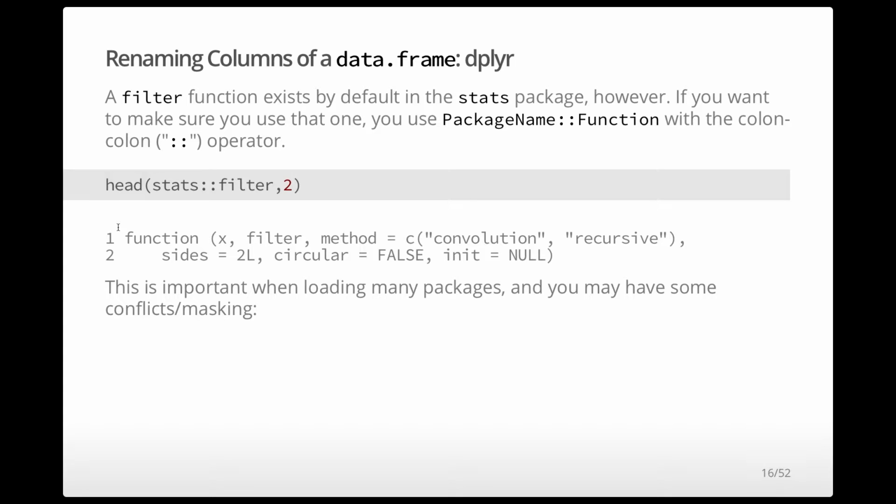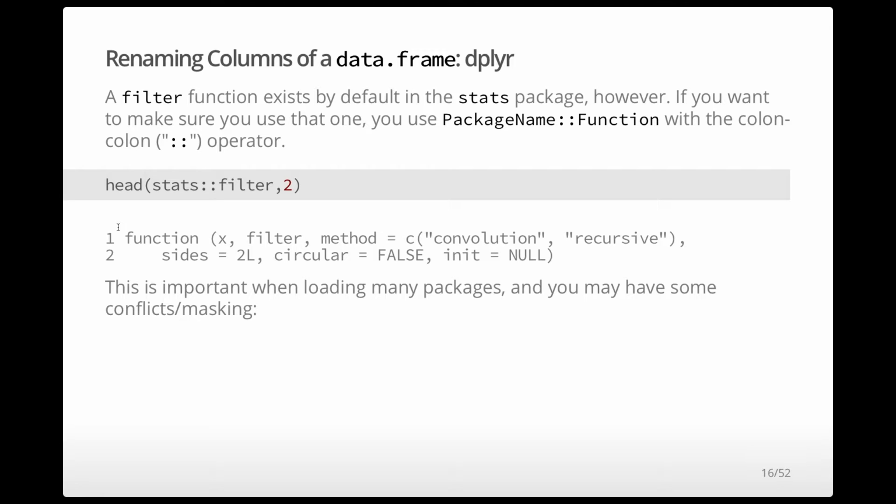If I had dplyr::filter, I know 100% of the time it will call the one from dplyr, no matter what other packages are loaded. You'll see this more and more in code. This allows you to use those functions that are masked. When you load dplyr, filter, lag, and these other things are masked from the other package, which means if you want to use them, you have to use this syntax.